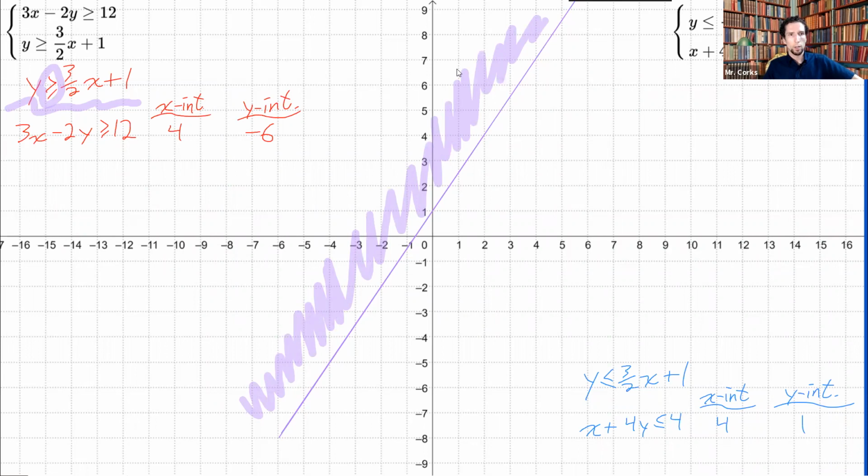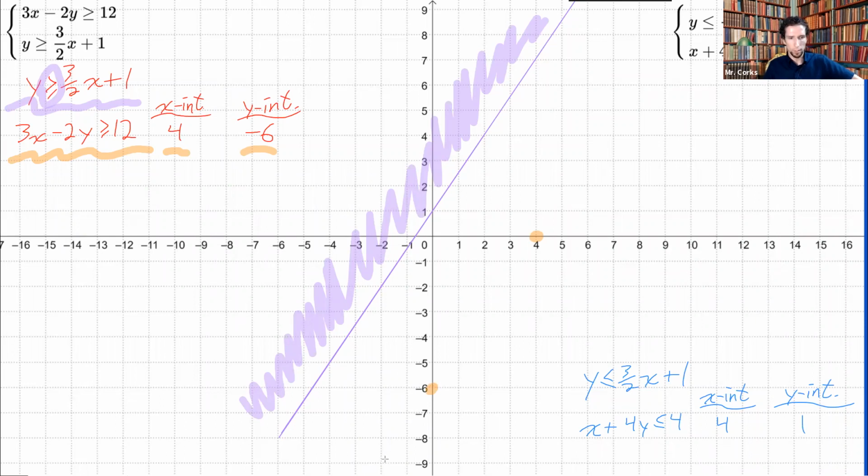And our second one. So we have this 3x minus 2y is greater than or equal to 12. We have the intercepts for -6. So x-intercept of 4, y-intercept of -6 will be here.